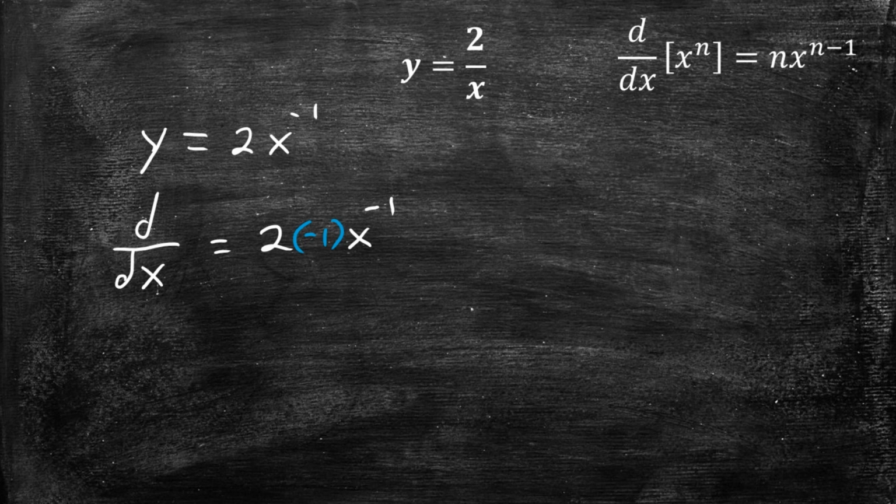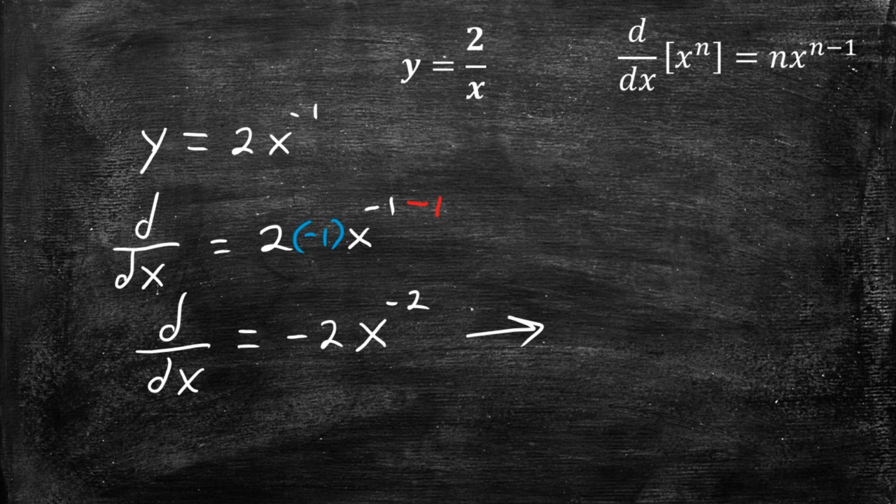So x to the negative 1 minus 1. Okay, all we do now is just simplify. So you got d over dx is equal to 2 times negative 1 is negative 2. X, negative 1 minus 1 is negative 2.